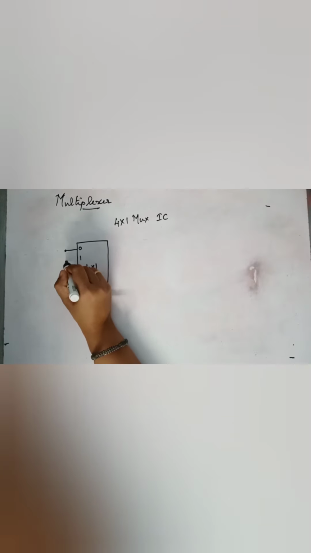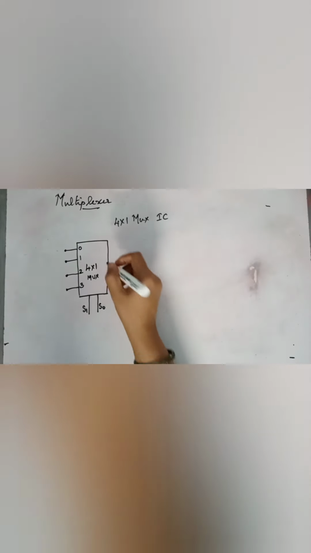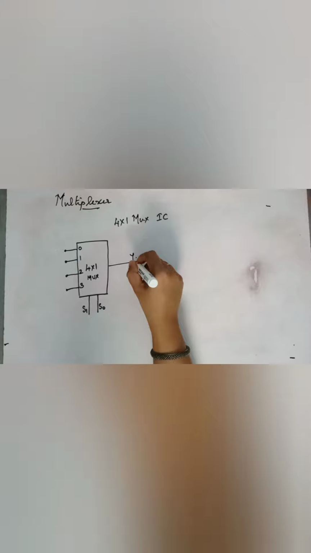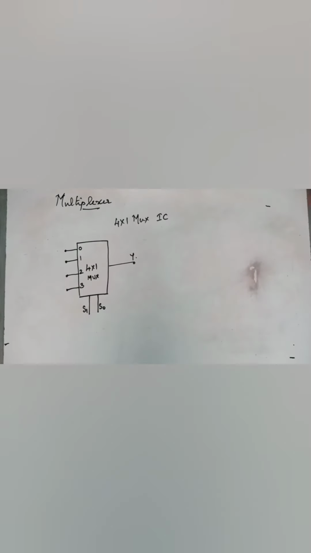You will have 2 select lines, represented as S1 and S0, where S1 is the MSB, and you have an output line, and suppose the output is called Y.